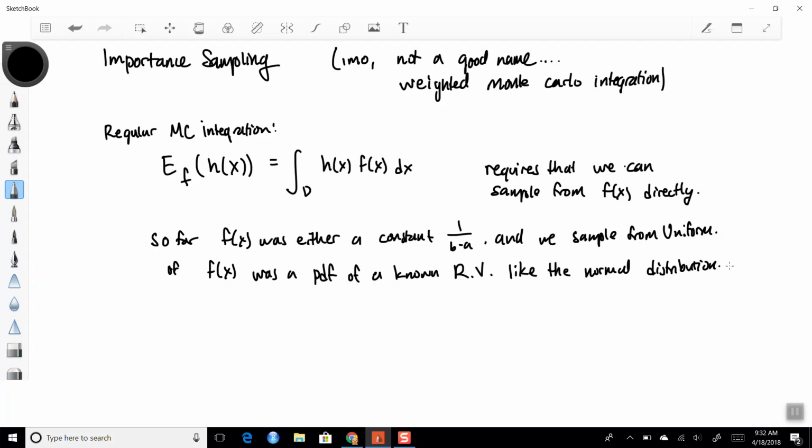We could end up in a situation where, maybe you refactor it into something, but you cannot sample from f of x directly. What do we do?